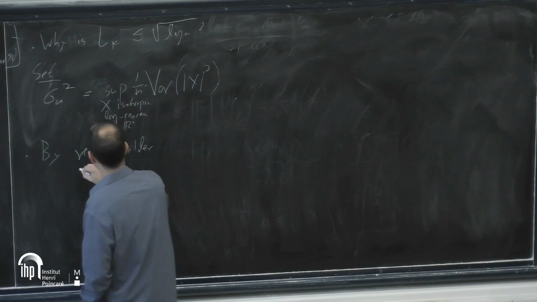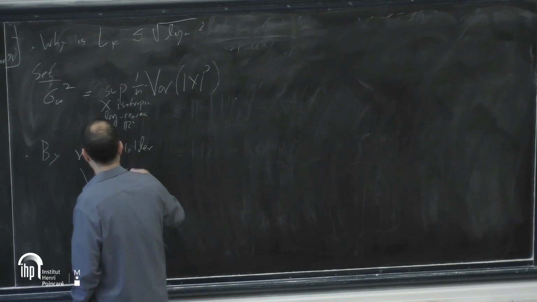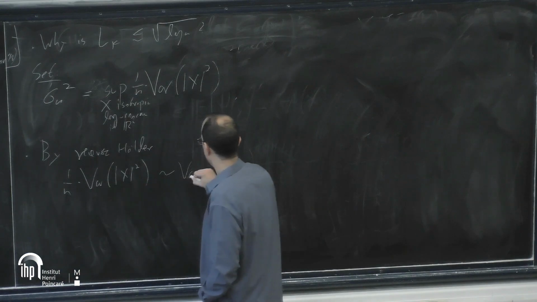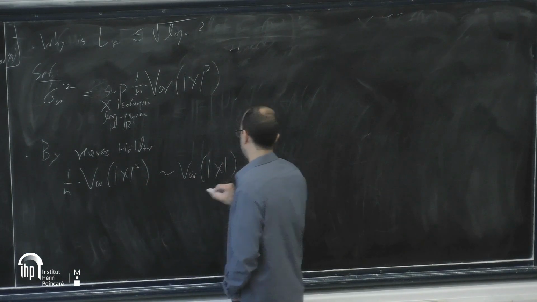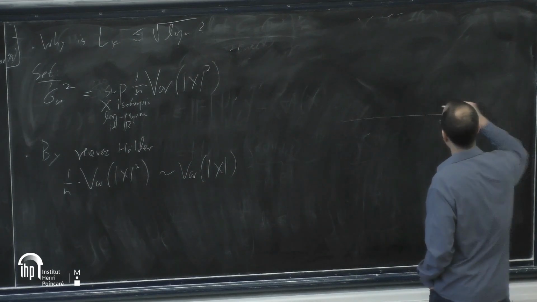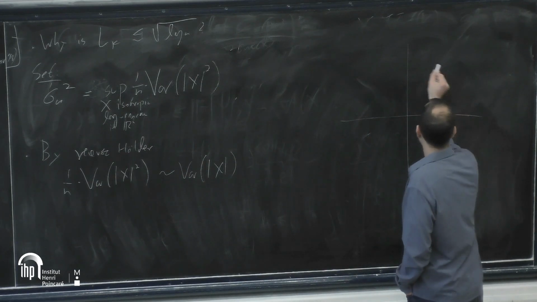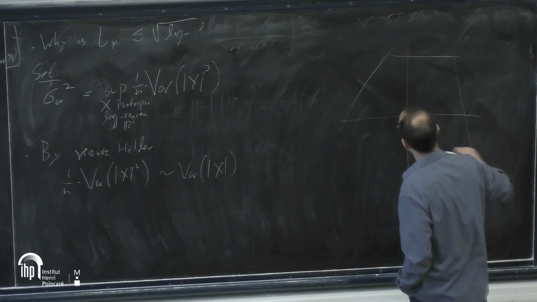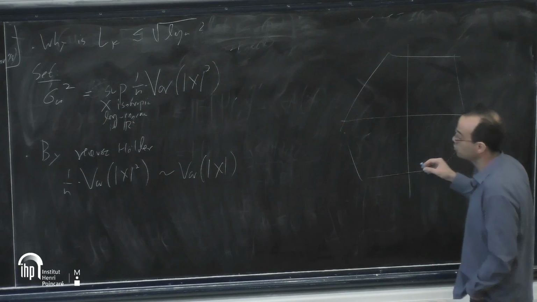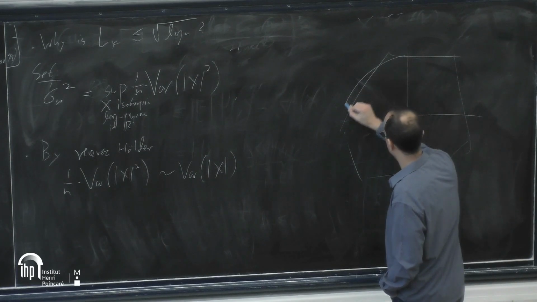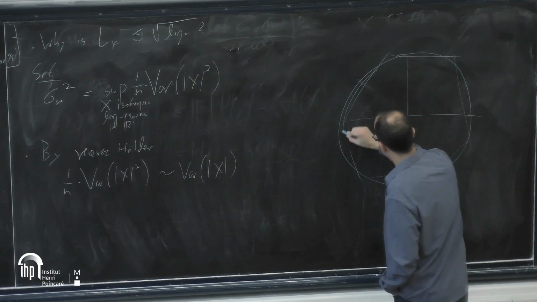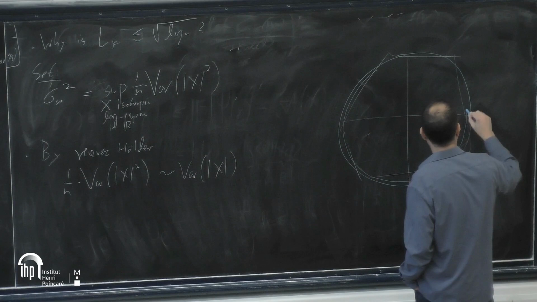I claim that the variance of |X|^2 over n is roughly the variance of the Euclidean norm of X, which was defined yesterday. So this means that if I have my convex set K, we recall that we have this thin shell phenomenon, that most of the mass is located in a thin spherical shell centered at the origin.